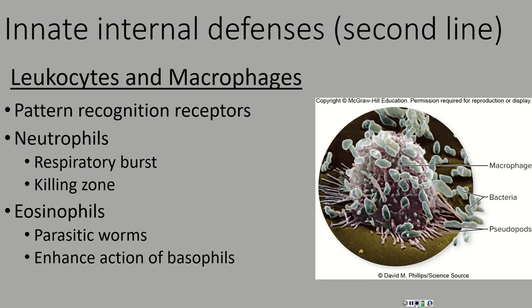So first, let's look at various leukocytes and macrophages, which again are those monocytes that have left the bloodstream and gone through a bit of a change. These cells are going to have something called pattern recognition receptors. Now, remember, on the surface of every cell in your body, there are certain proteins and carbohydrates called antigens.